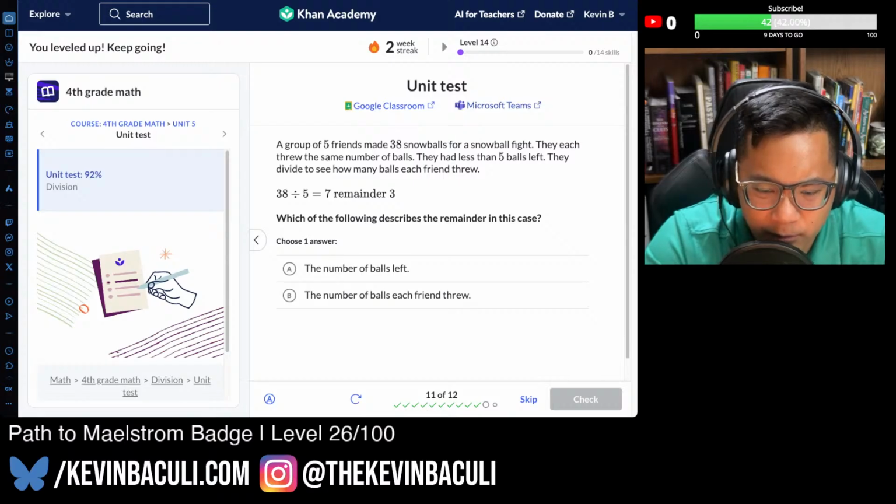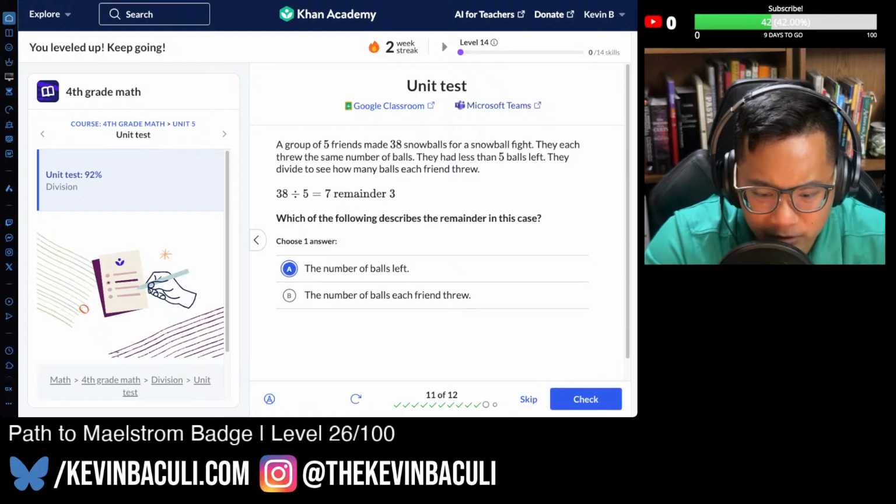A group of 5 friends made 38 snowballs for a snowball fight. They each threw the same number of snowballs. They had 5 balls left. They divide. Which describes the remainder in this case?